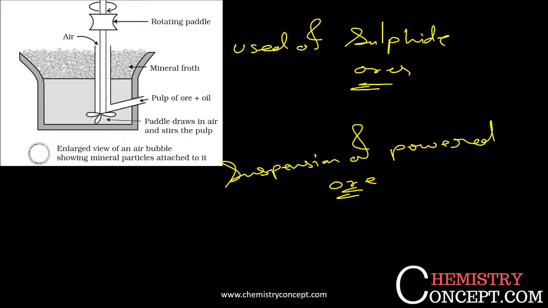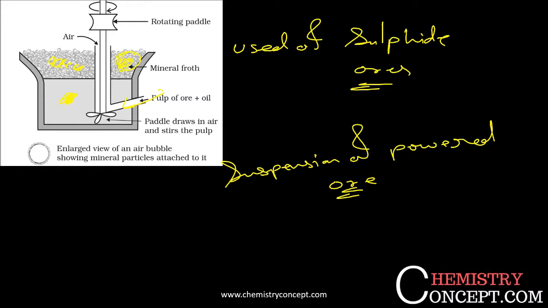So what does oil do? Oil mixes with these minerals and makes this froth here, and this water will be there. That water will be mixed with that gangue, and that will be collected in liquid form. So these minerals will be in the form of froth, and this is the paddle. When you rotate this paddle, and air comes from this side, this will generate froth here.